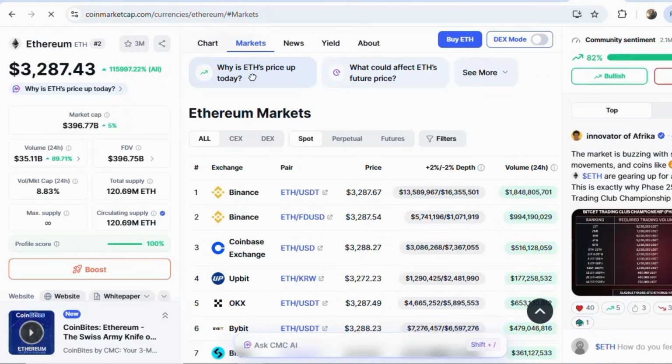Alright? So when we got started, I shared the price of Ethereum was $3,290. Now, you come to this place where you see plus 2% and minus 2% depth. Let me explain what it means. There is a war between traders, between buyers and sellers, and this war is the war of money. A lot of buyers are in the market.